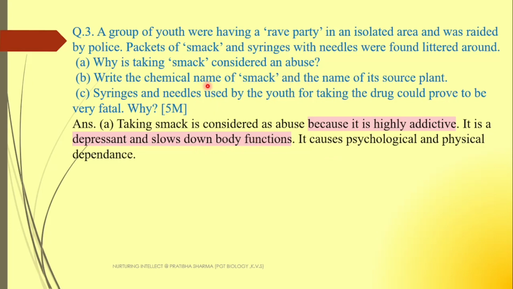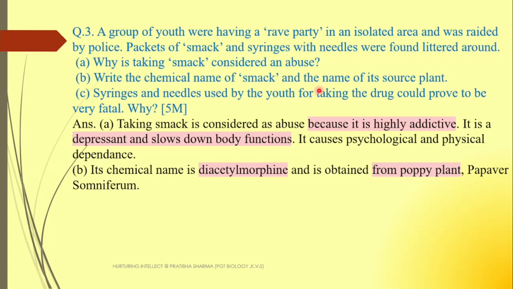Next, write the chemical name of smack. The chemical name is diacetyl morphine. And the name of its source plant: the source plant is the poppy plant or Papaver somniferum. Syringes and needles used by the youth for taking the drug could prove to be very fatal. Why?